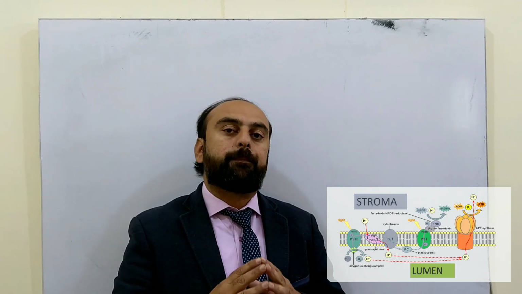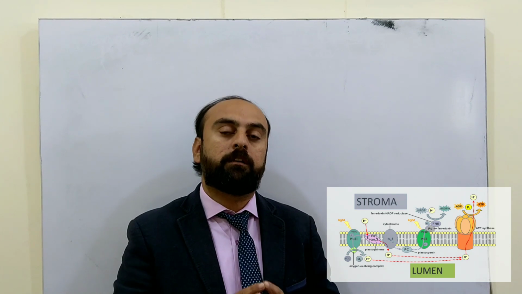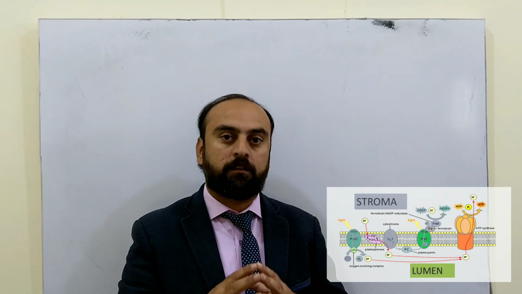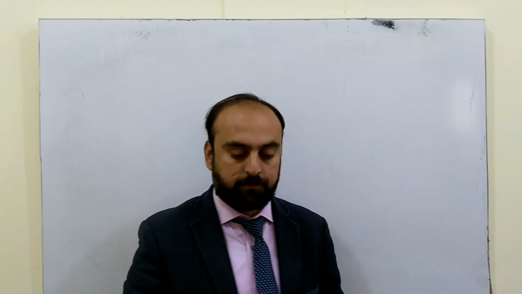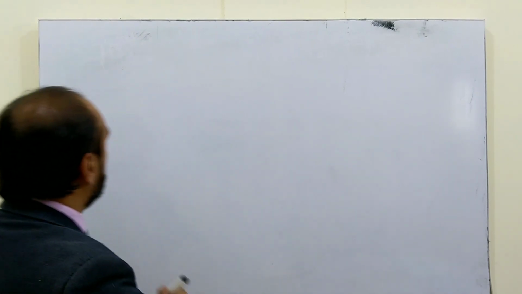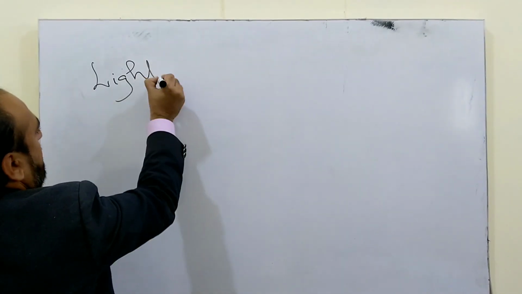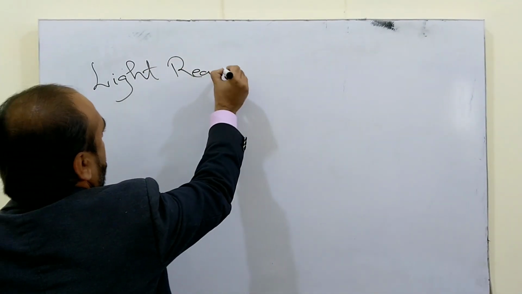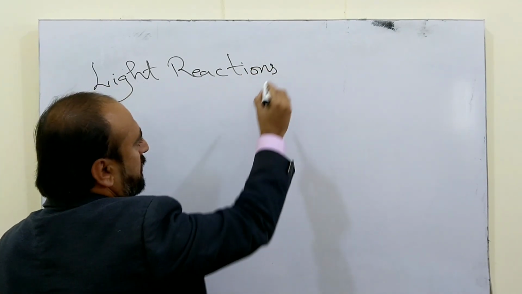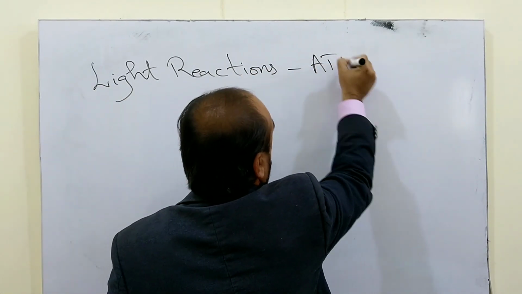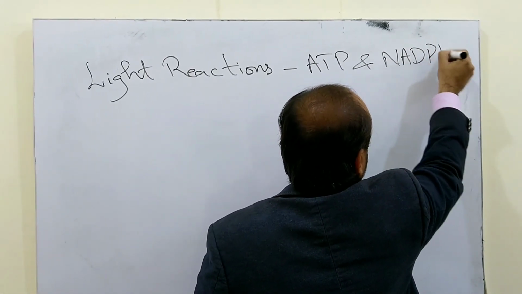So in this way, the ATP and NADPH, which are the energy carrier as well as the reducing power, are generated in light reactions. So this is the first set of reactions called light reactions, which generates ATP and NADPH.